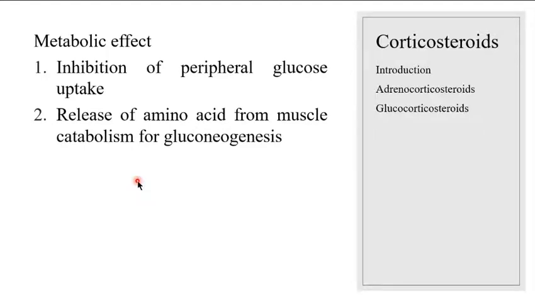Cortisol can inhibit peripheral glucose uptake. It also enhances the release of amino acids from the muscles by catabolism and promotes gluconeogenesis.